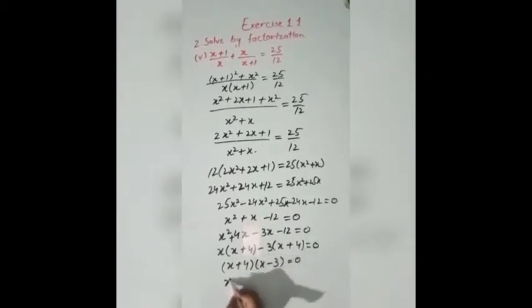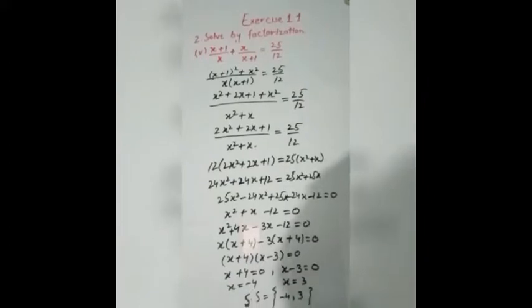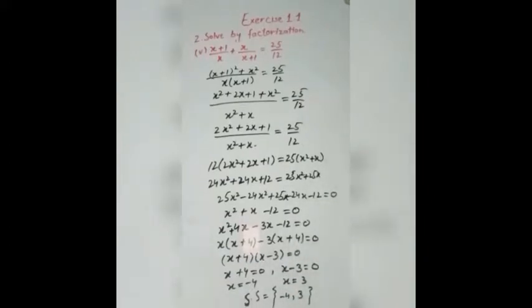Now x plus 4 is equal to 0 and x minus 3 is equal to 0. x is equal to minus 4 and x is equal to 3. So solution set is minus 4 and 3.